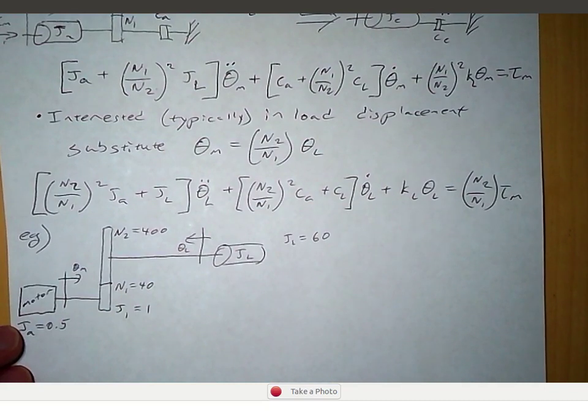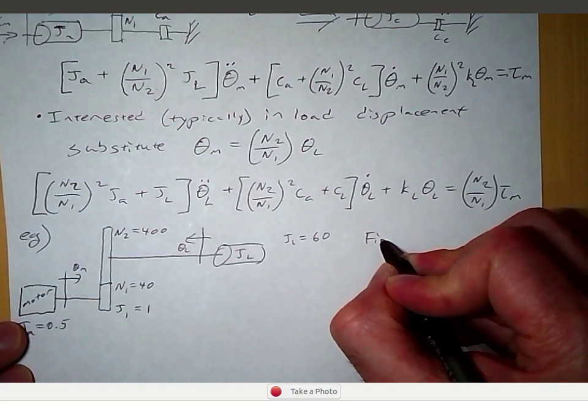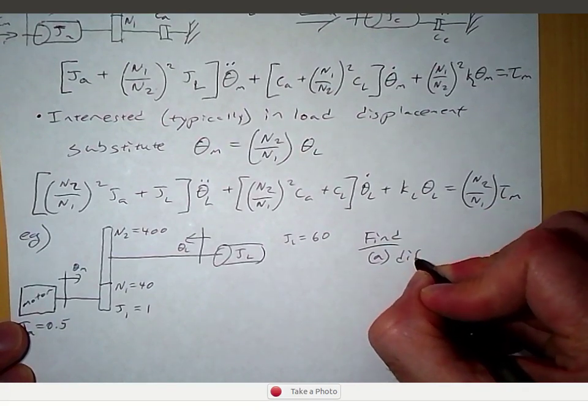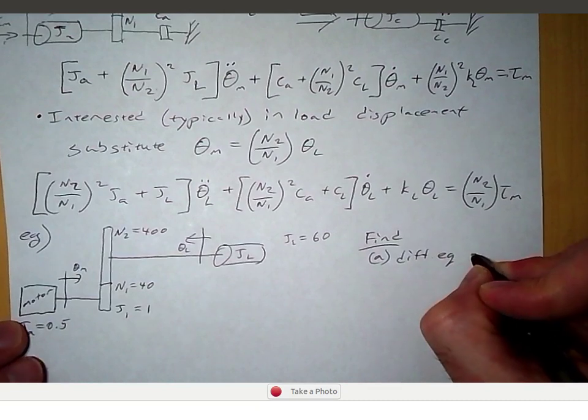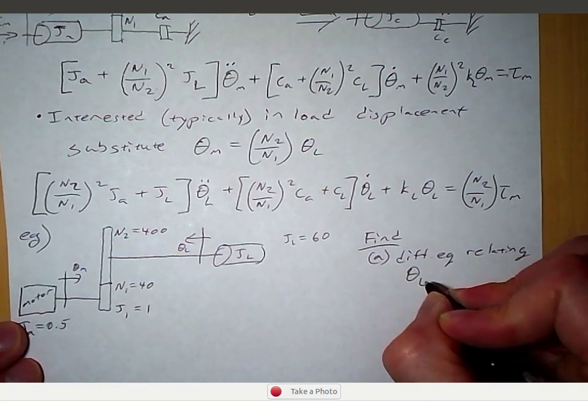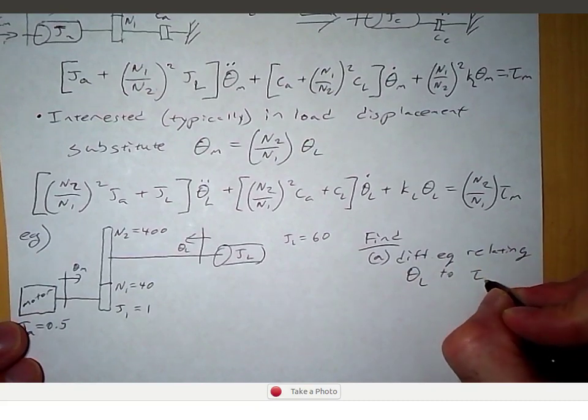And what we want to do is find, first of all, the differential equation relating the load displacement to the motor torque.